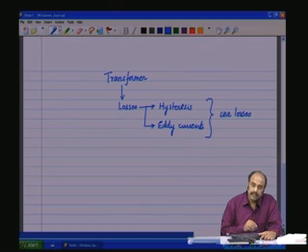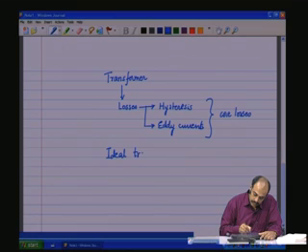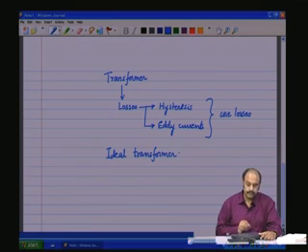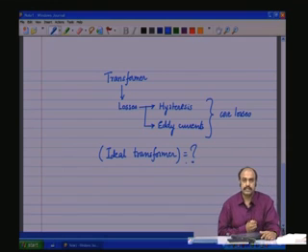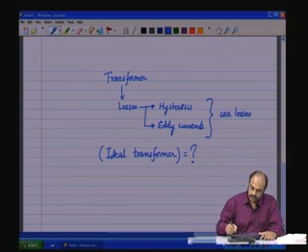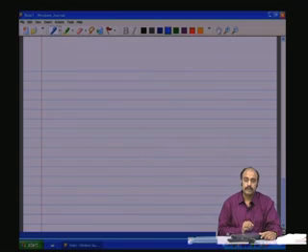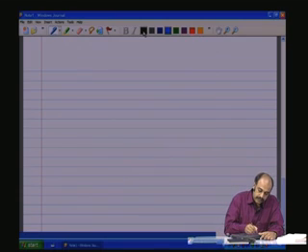Now, from this aspect, let us see an ideal transformer. An ideal transformer means what characteristics? Firstly, let us take the BH loop.